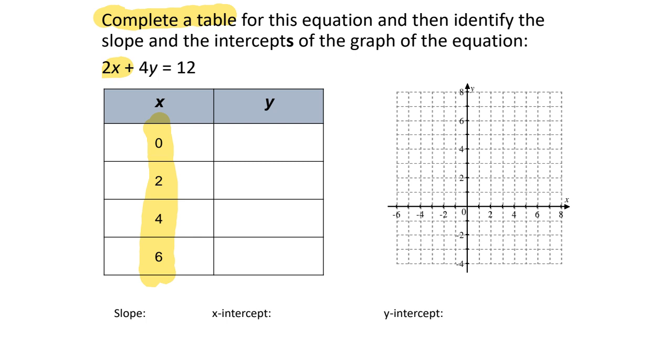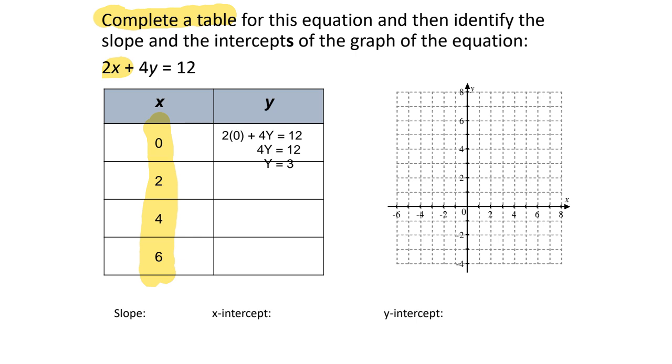I will then be able to find the y. So if I put 2, 0 plus 4y equals 12, I am going to know that 2 times 0 is going to give me 0. And 4y equals 12 gives me a y value of 3.